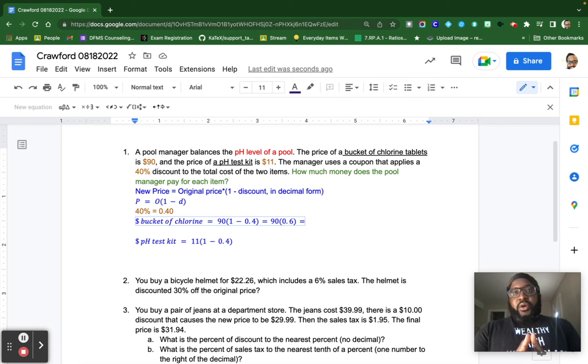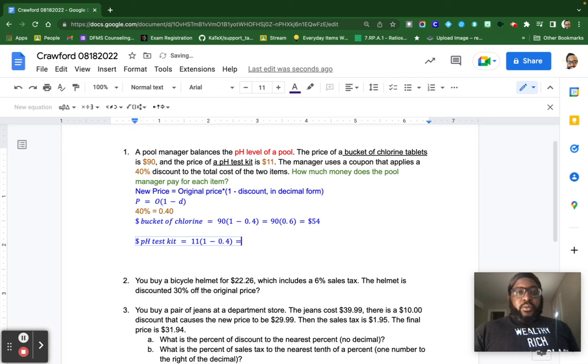Since 90 has one zero and 0.6 has one decimal place, it's pretty much the same thing as multiplying 9 times 6. Since 90 is a tens and 0.6 is a tenth, that 10 and that tenth cancel out, leaving us only with the 9 and the 6. So I got 9 times 6, which is 54. That's a nice little shortcut I like to use.